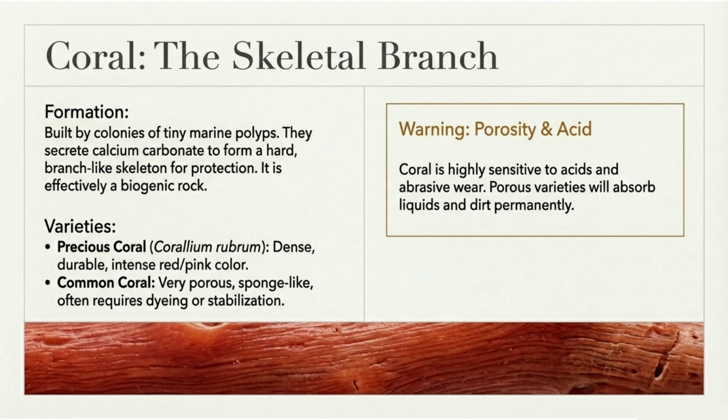Varieties. Precious coral, Corallium rubrum. Dense, durable, with intense red to pink colors. Traditionally used for high-end jewelry. Common coral, very porous and sponge-like. Often needs dyeing or stabilization to be usable in jewelry.